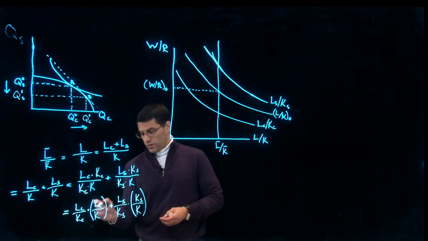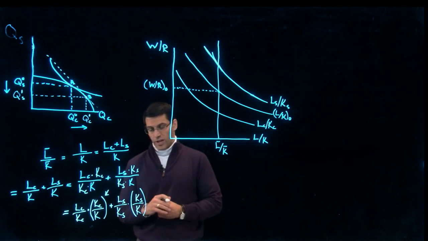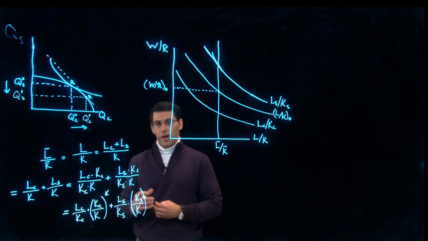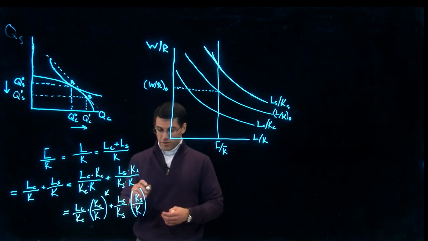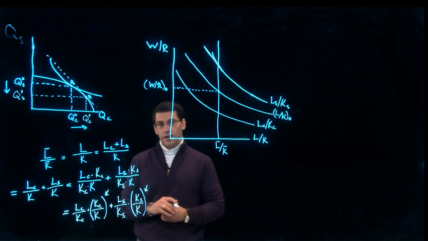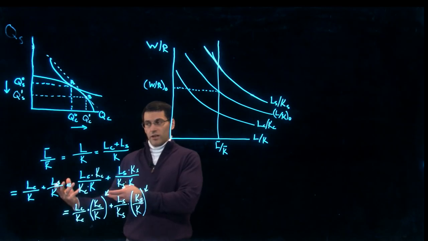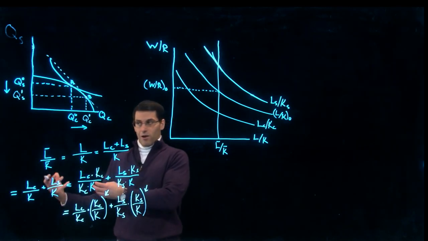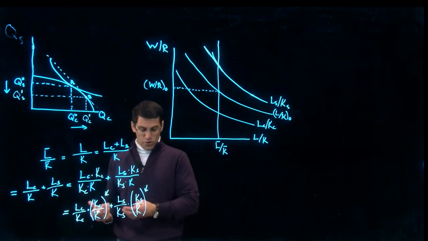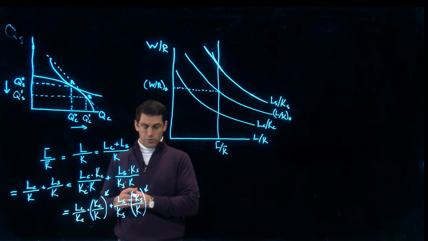So in other words, this Kc over K, the share of capital that's employed in computers, is going to increase. At the same time, Ks over K is going to decrease because we're taking labor and taking capital out of shoe production in order to put them into computer production.